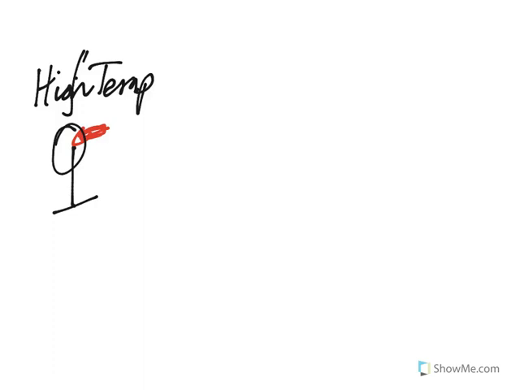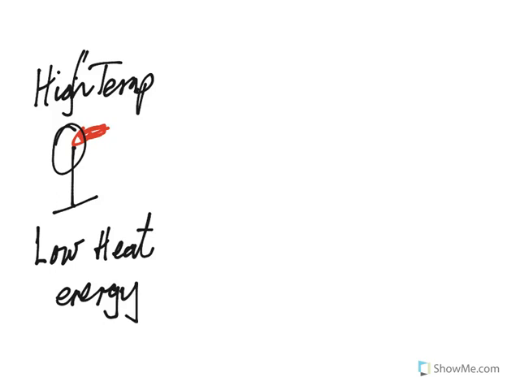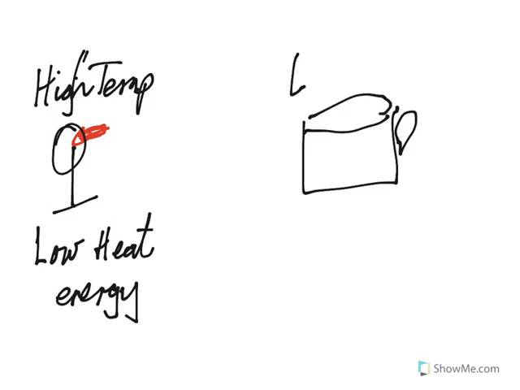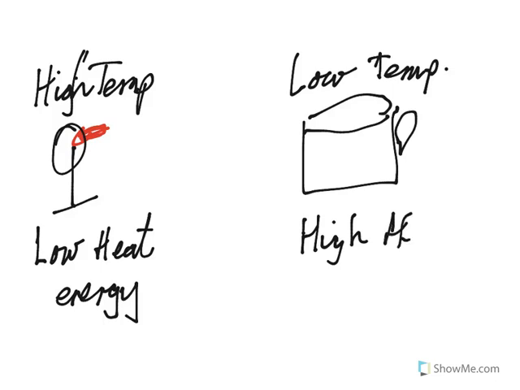But then what's going to happen is it's going to cool very quickly, so it's got low heat energy. But if I have a cup of coffee or something like that, for example, then it's a low temperature, but it's going to have high heat energy.